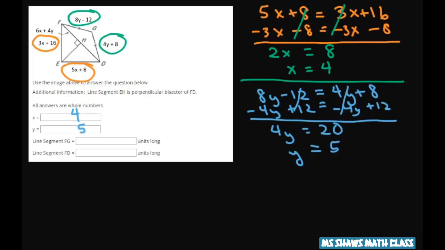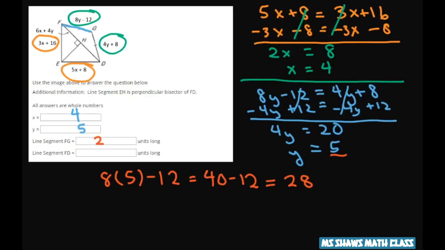Now we need FG. So we take our expression and substitute our y in, which is 5. So that's going to be 40 minus 12, which equals 28.